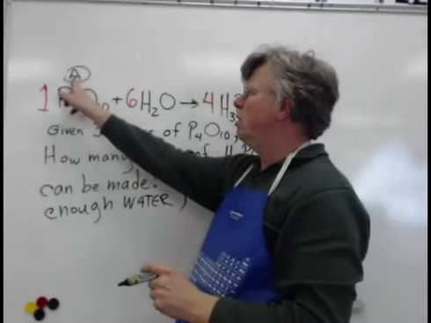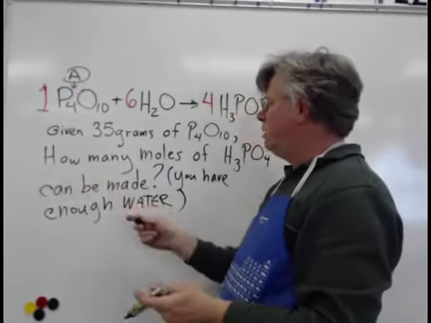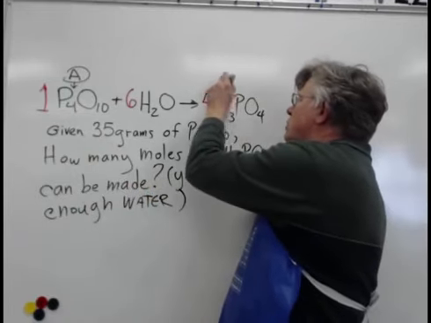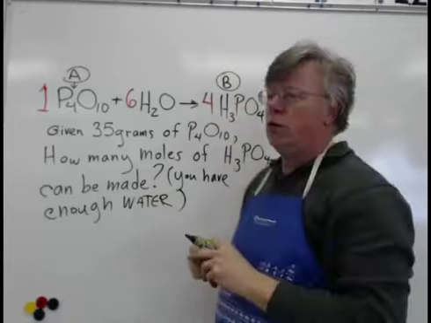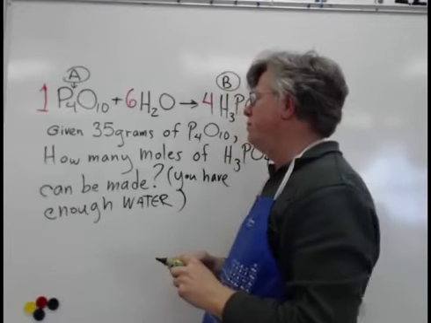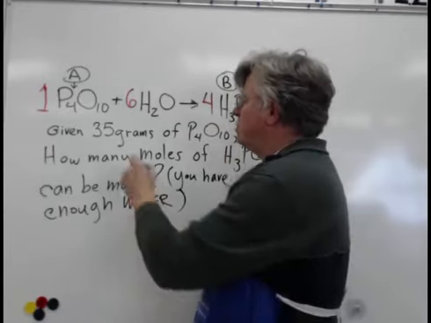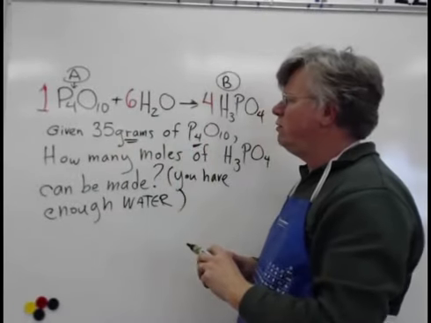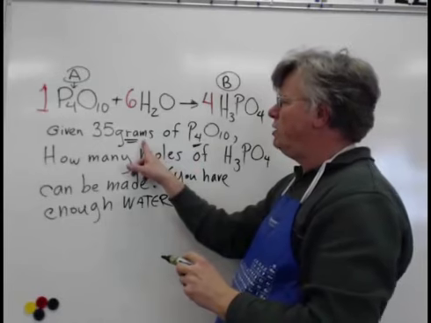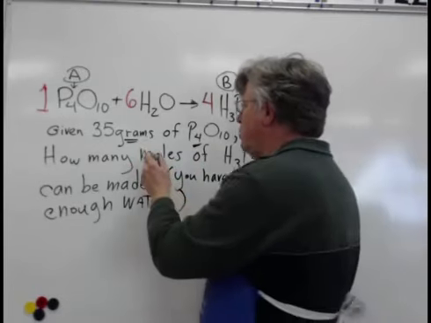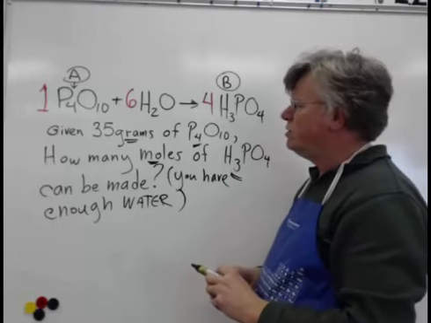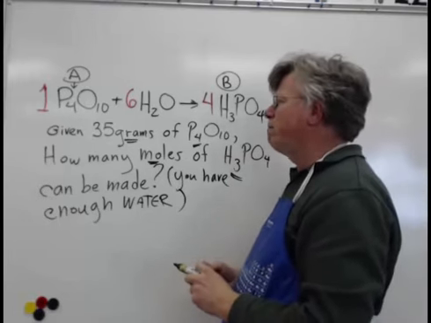So this is what I'm going to call A. And what I'm looking for, how many moles of this, was B in the mole map you just saw. I'm starting with grams of this material, so I do have to take that into account, and I'm ending with moles of the phosphoric acid. So let's set this up.